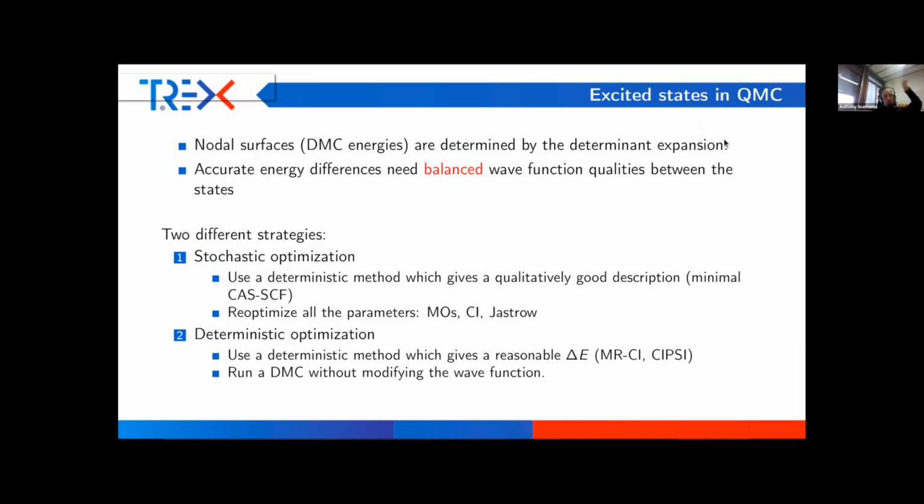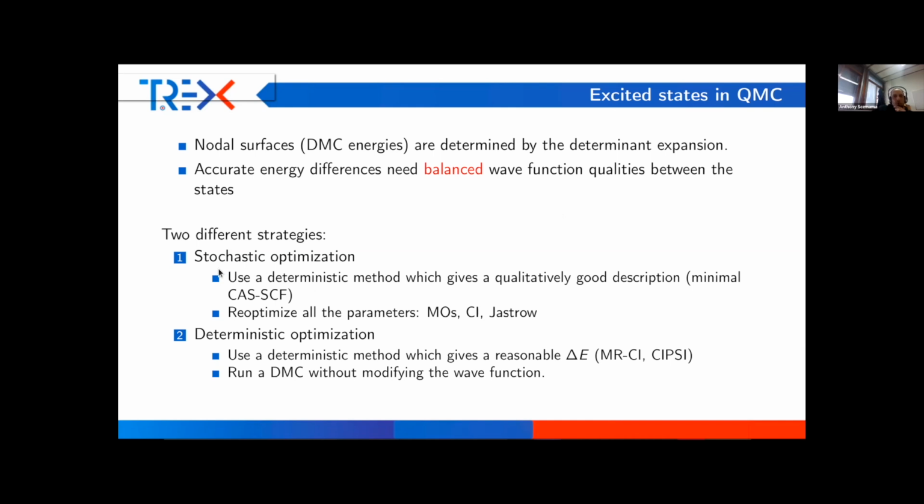And so if you want to have accurate excitation energies in QMC, then you need to have a similar quality between the ground state and the excited state, such that the errors you make would be of the same order of magnitude between the ground state and excited state, and when you take the difference, they would cancel out nicely. So there are two different strategies.